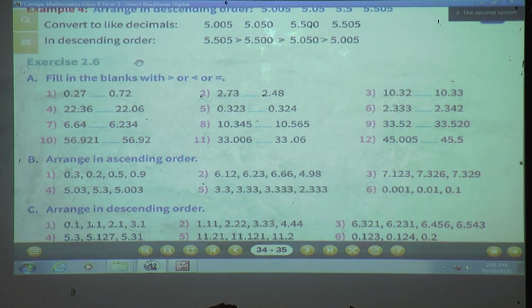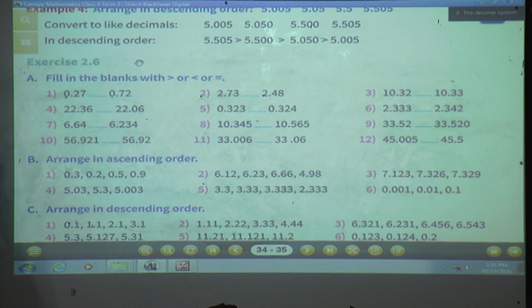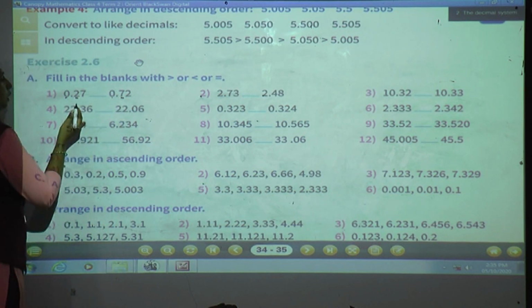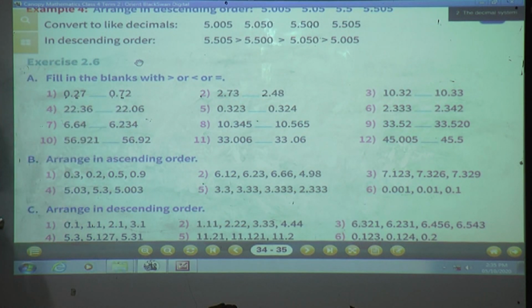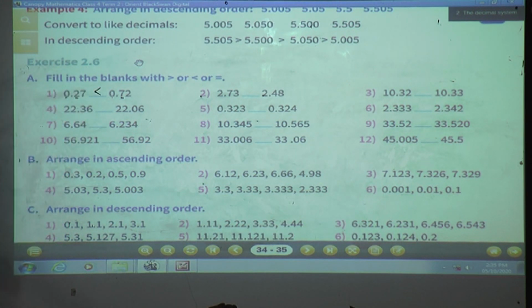Now see the first question, students, 0.27 and 0.72. Now whole number 0, 0 equal. Then we have to start comparing tenths place. See 2 and 7, which is greater, students? Of course 7 is greater. So give the greater symbol to 0.72, isn't it?